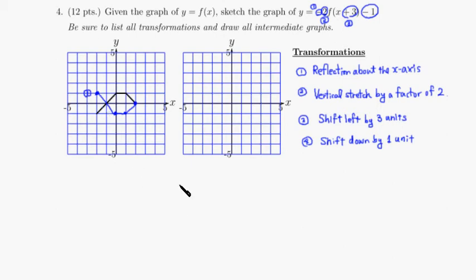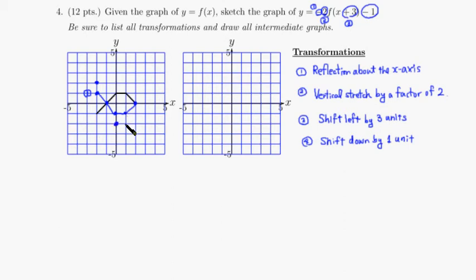Our second transformation is a vertical stretch by a factor of 2. Everything gets doubled. For example, here it's 1, but it goes to 2. If it's 0, it stays at 0, since 0 multiplied by 2 is still 0. This is -1, so it becomes -2.